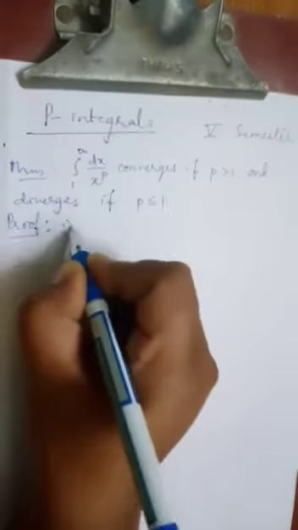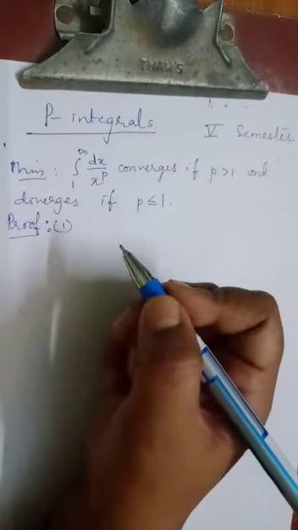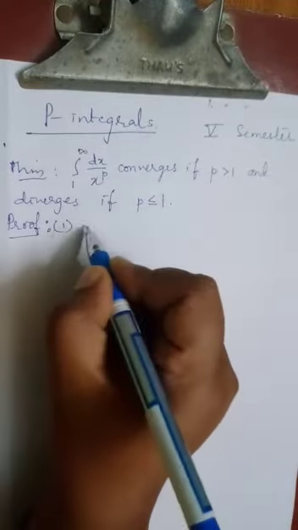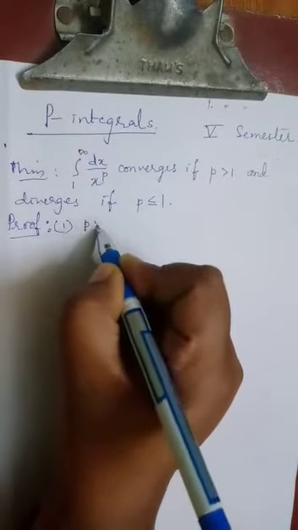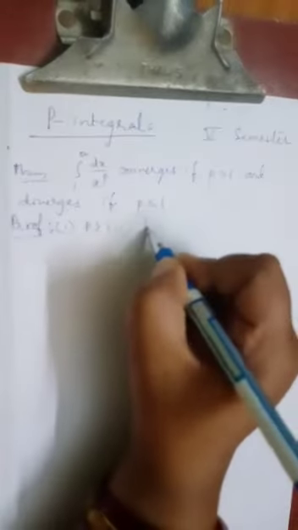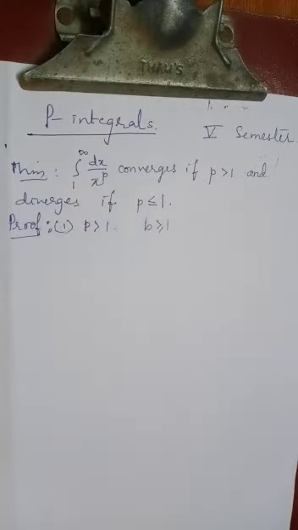Proof. Let us consider the first case, that is when p is greater than 1 and b is greater than or equal to 1. It lies between 1 to infinity.